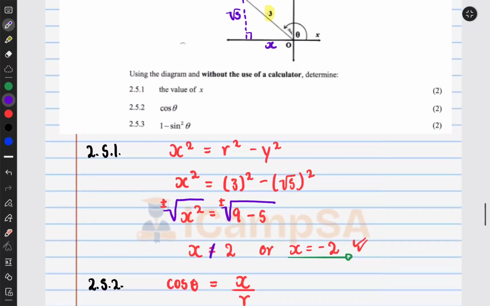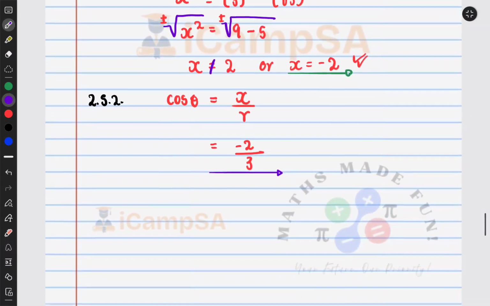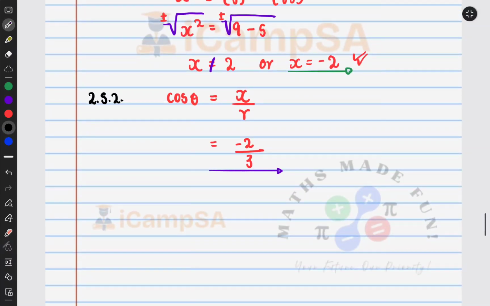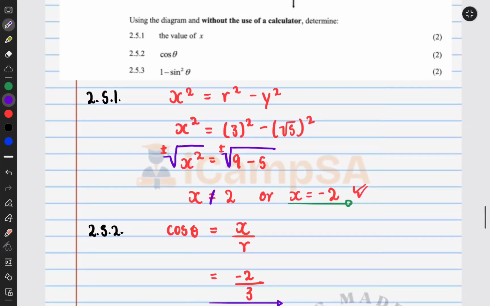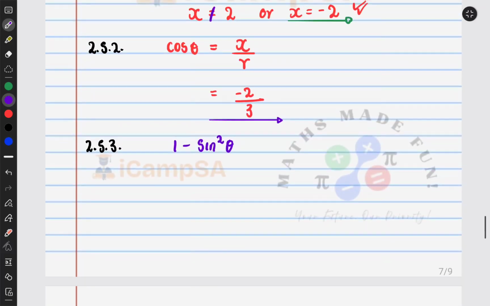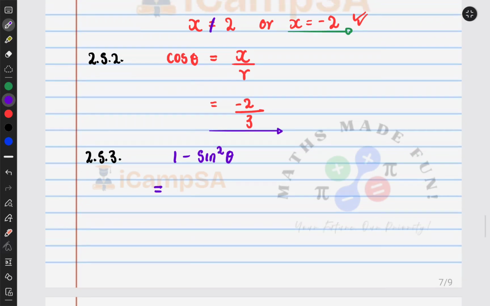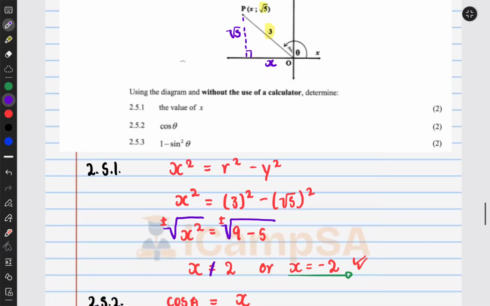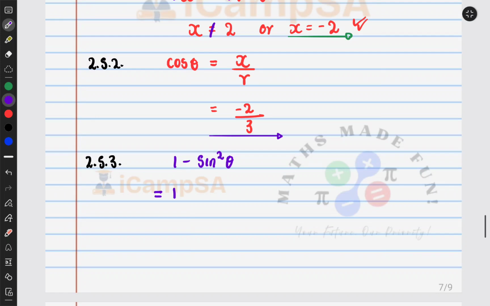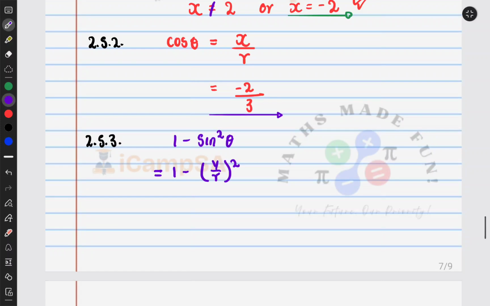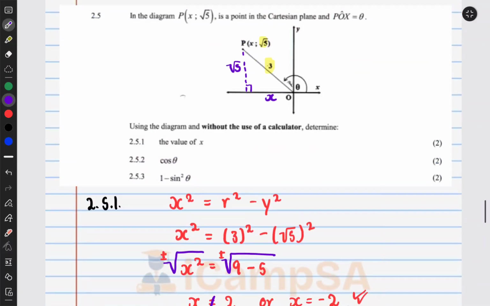And then next we have 1 minus sin squared theta for 2.5.3. We have 1 minus sine squared theta. What is sine? Sine is opposite over hypotenuse. The opposite is root 5. So we have 1 minus y over r, squared. What is the value of y? It is root 5.